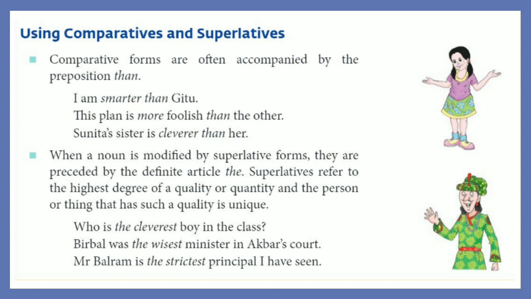Next, before moving towards the exercise, let us revise this point. Comparative degrees are often followed by the preposition than, while superlative degrees are preceded by the definite article the.